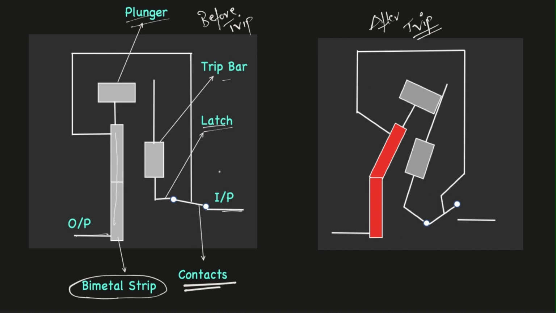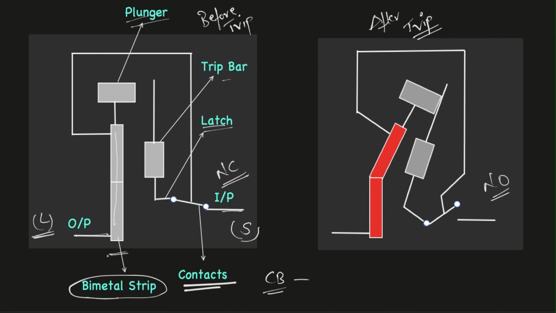Initially, the MCB is in normally closed condition, and when the fault occurs, the MCB turns into normally open condition. The load is connected to the output terminal and the source is connected to the input terminal. So the main aim of any circuit breaker is to protect this load from faulty conditions, and this is achieved when we isolate the load from the source, and this is done with the help of a bimetal.